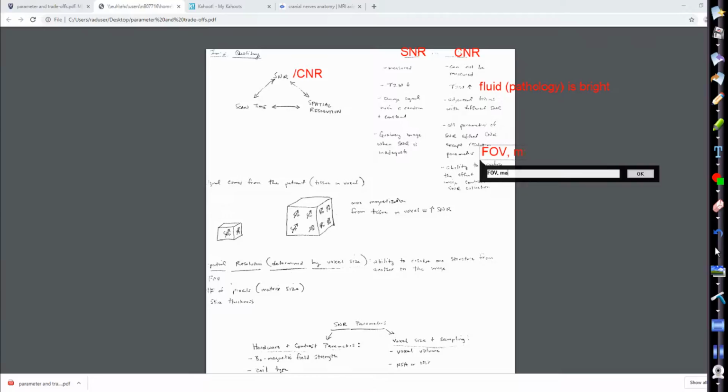Good. So field of view, matrix, and one other thing, like thickness. And that's dealing with voxel. So those are the only three things that deal with resolution parameters. So CNR has all the same parameters except for these three things.